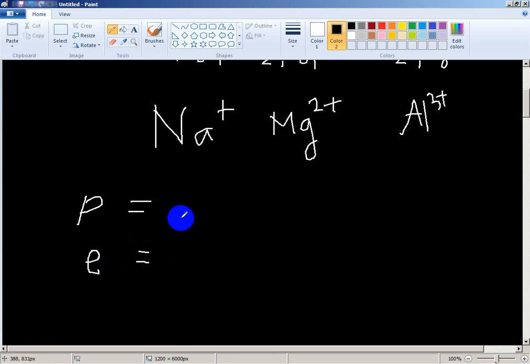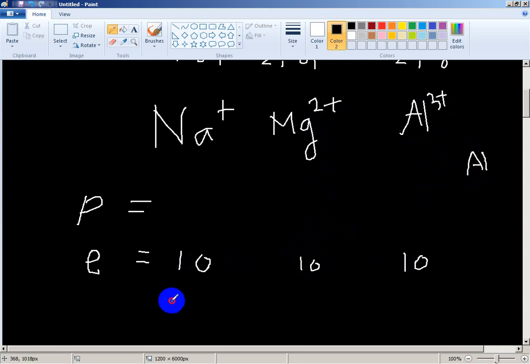Sodium is 11. When it loses one electron, the electron number becomes 10. Magnesium has 12 electrons; 2 positive means 2 electrons lost, so 10 electrons. Aluminum has 13 electrons, we know the aluminum atom has 13. Aluminum 3 plus means it lost 3 electrons, so 10 electrons.